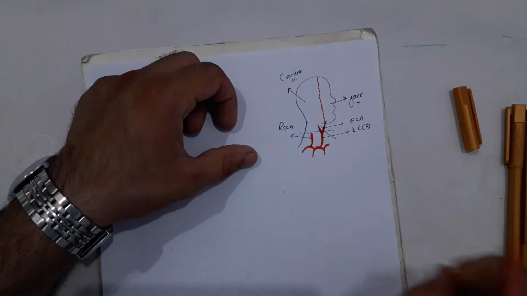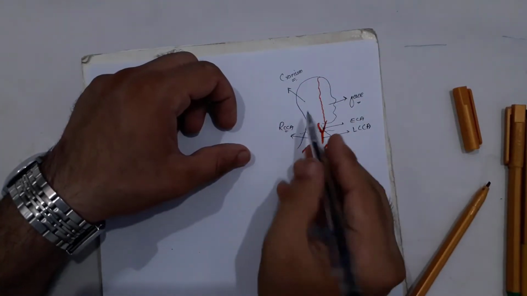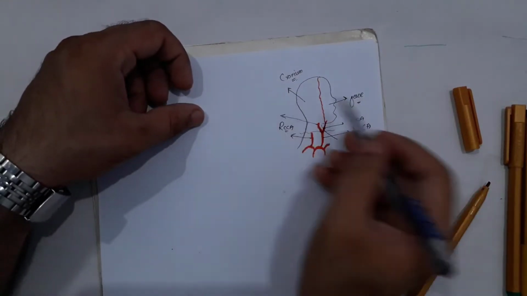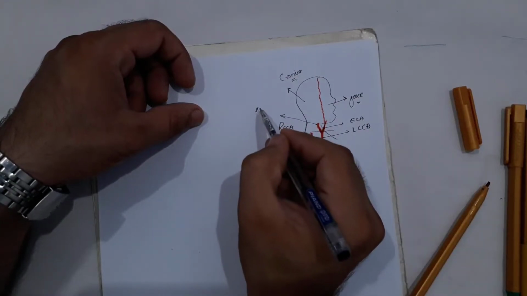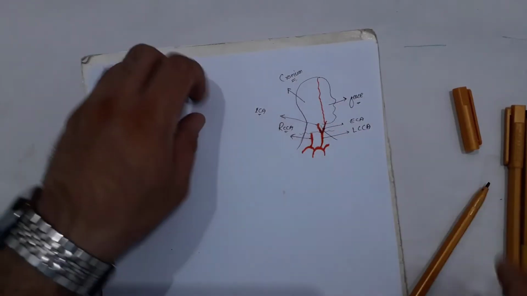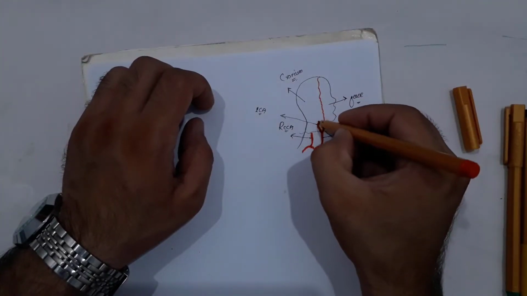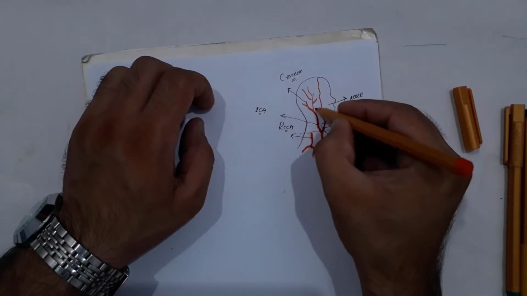I will discuss it. And this medial, or you can say posterior one, is the internal carotid artery, right? This internal carotid artery supplies oxygenated blood to the brain and the cranium region.